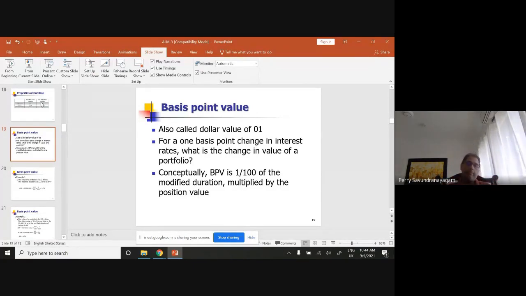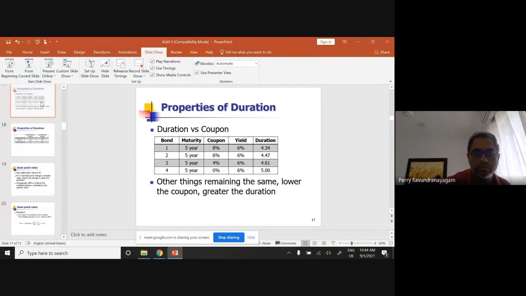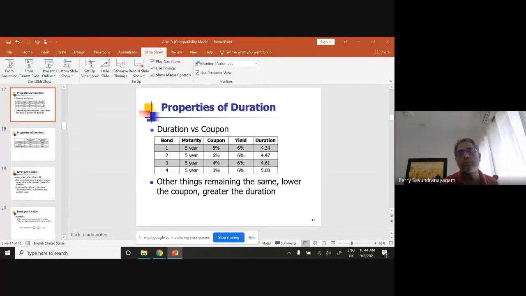Now, ultimately, you understand your risk. You take the example we were talking about earlier. You know what your duration is on the first bond, second bond, third bond, fourth bond, and then we come up and say, okay, this is the bond I want to buy, and this is the risk I put on my books as soon as I buy it.